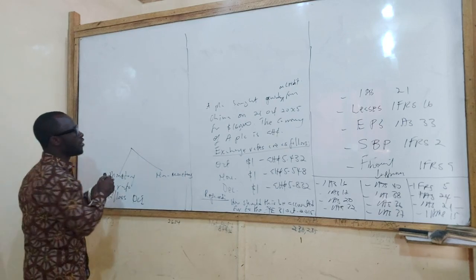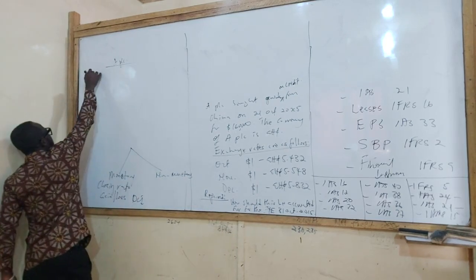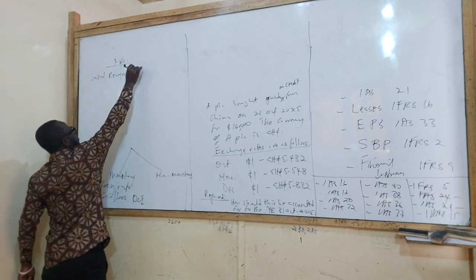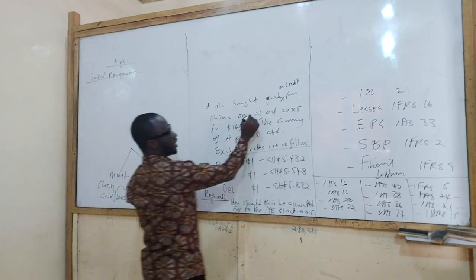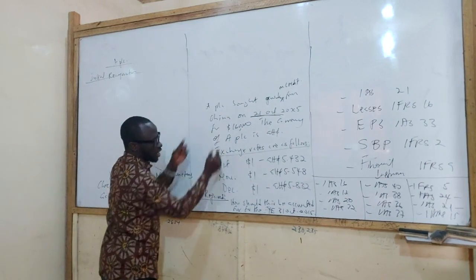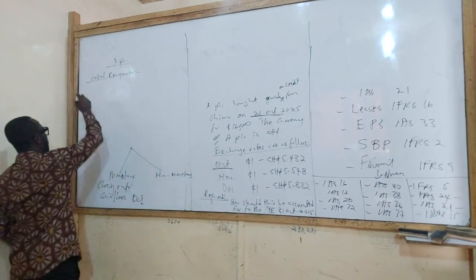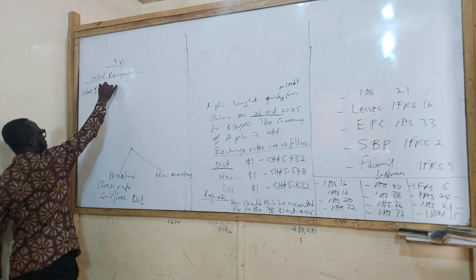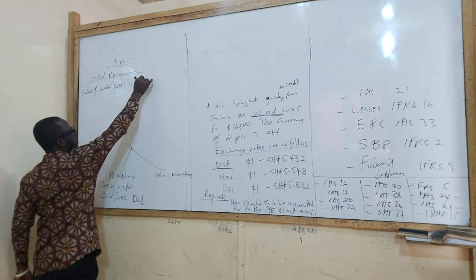For the initial recognition, the transaction date is very important, and that is 1st October. So we will use the October rate. The value of the goods in Ghana cedis is going to be the $160,000.